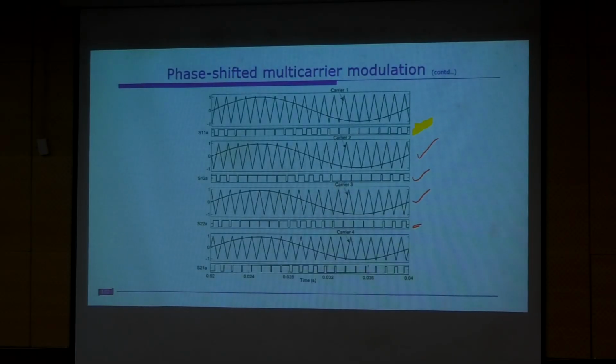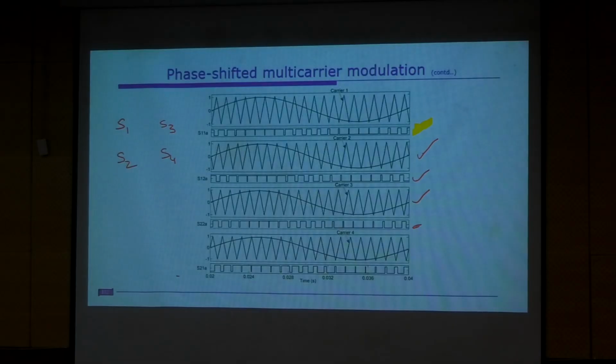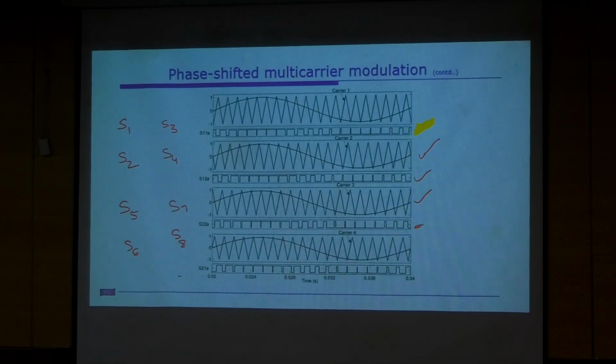So now we generated 8 firing sequences. How do we give them to the individual devices, right? Let us assume that we have switches arranged something like this: S1, S2, S3 and S4. In the top bridge we have 4 switches. Similarly, on the bottom side we have S5, S6, S7 and S8.